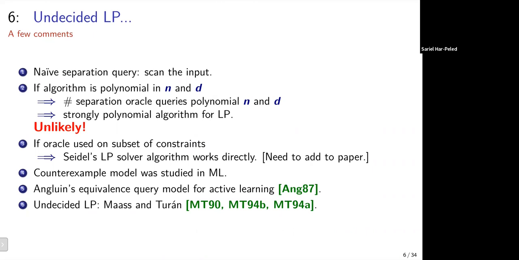The constant, of course, in D is bad. So I'm going to constrain myself to a situation where the oracle queries are on all the data. You cannot pick a subset.